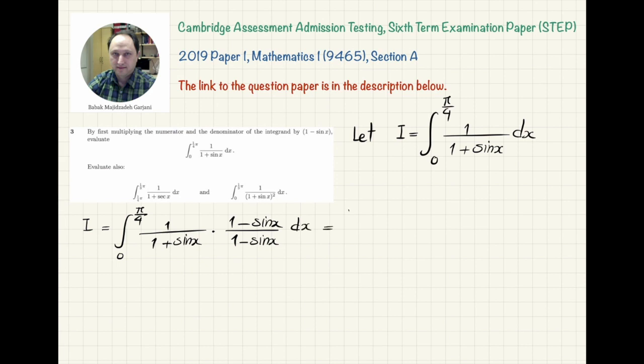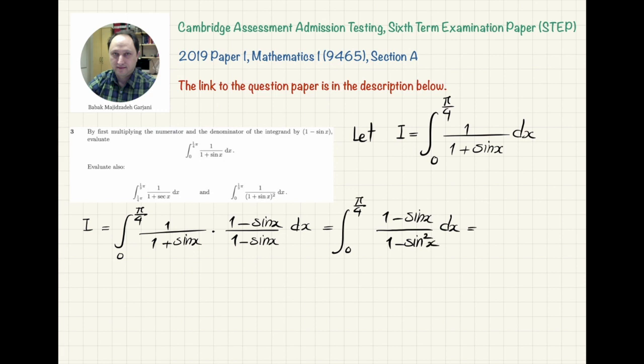The numerator becomes 1 minus sine x. If I multiply the denominators, these two expressions make a conjugate pattern, and the answer is 1 squared minus sine squared x.